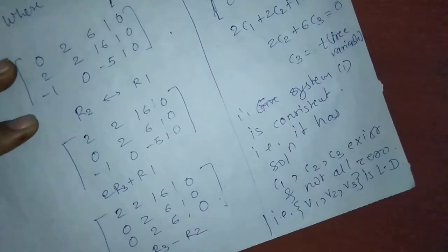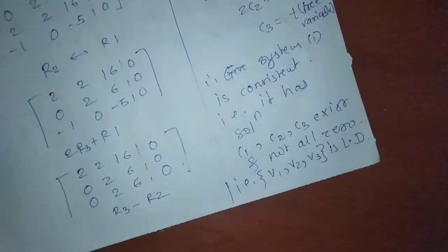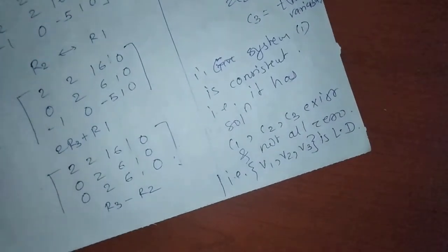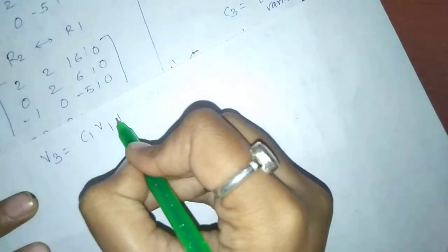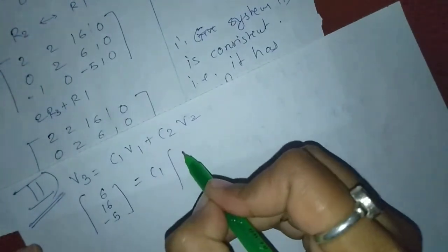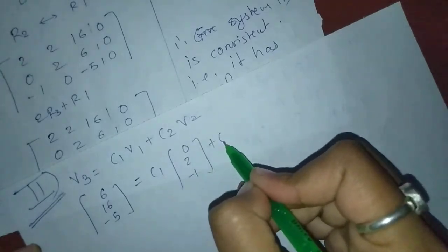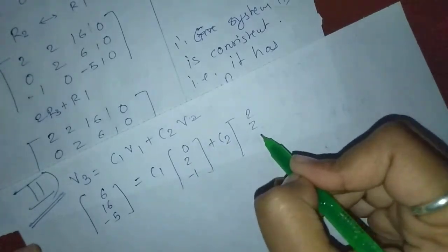Also, the alternate solution of this example is by using the result for linear dependence. First write v3 equal to c1 v1 plus c2 v2, where v3 is (6, 16, -5). This is the other solution of the above example. c1 times (0, 2, -1) plus c2 times (2, 2, 0).